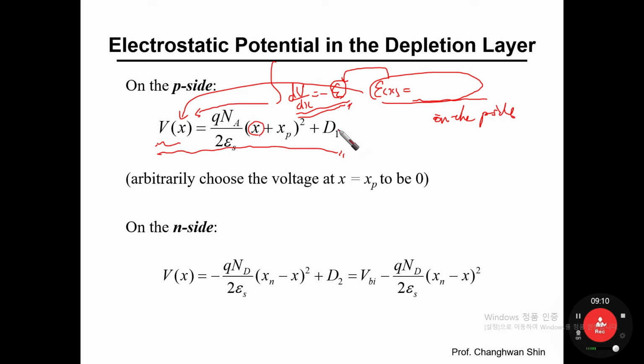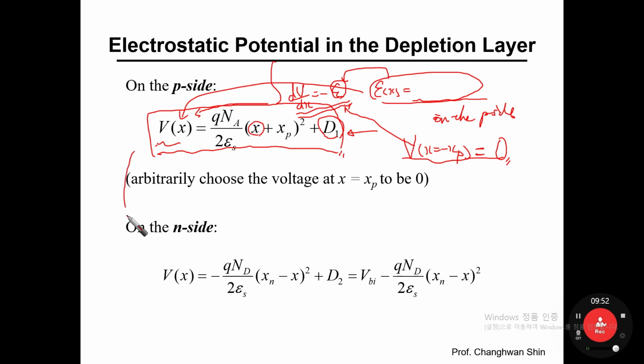Okay, but since this is first order differentiation, in the end, we're gonna have one unknown constant. So to know what this value is, we need one more boundary condition. But as I mentioned before, the potential value at x of minus xp at the edge of the depletion layer on the p side is defined as reference, grounded, 0. So we can use this boundary condition when solving this first order differentiation. Please do that by yourself. Then you're gonna derive this second order polynomial equation.